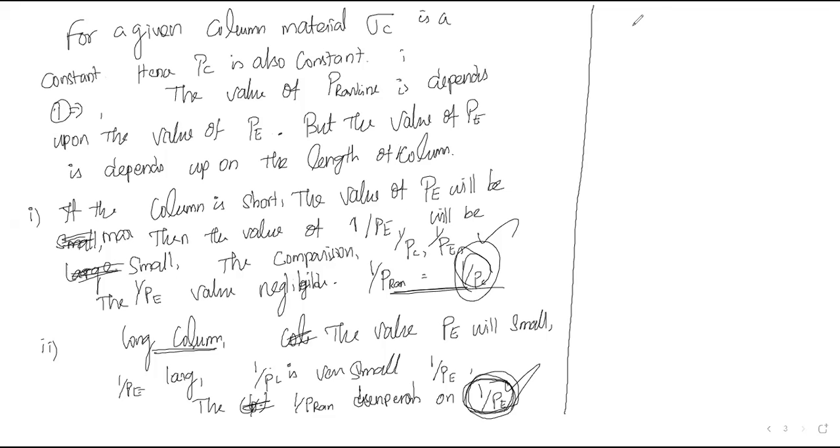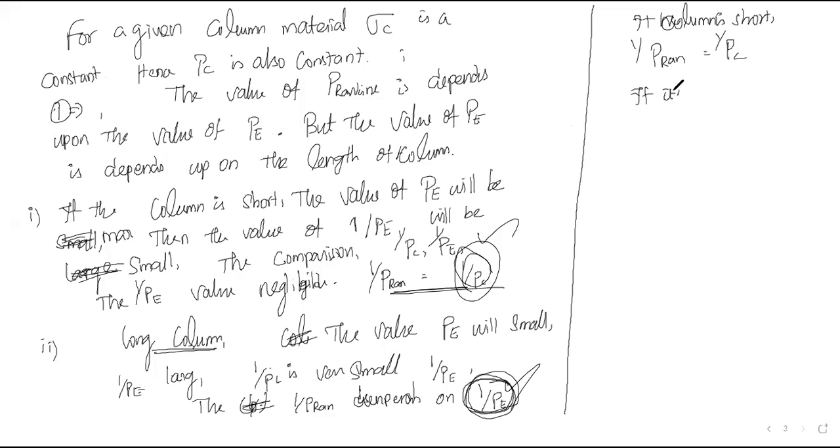If the column is short, then P Rankine depends upon PC direct stress. That is, 1 by P Rankine is equal to 1 by PC.